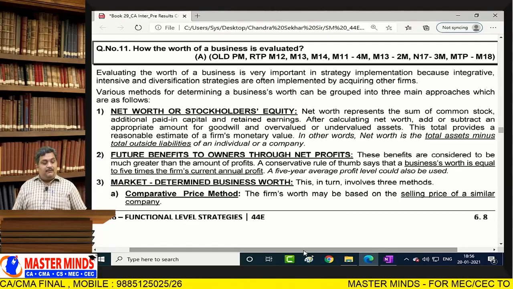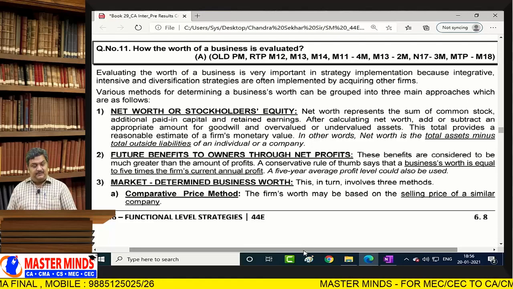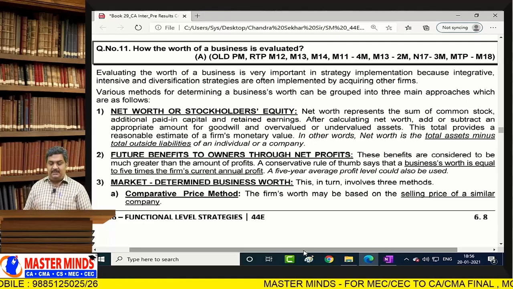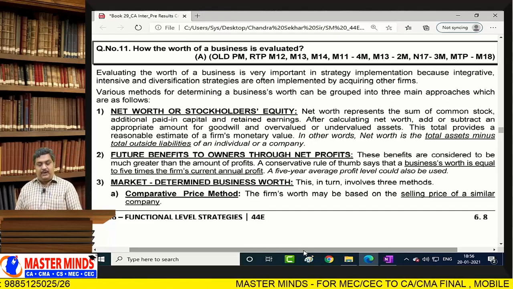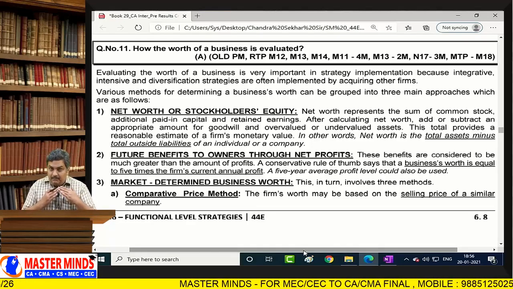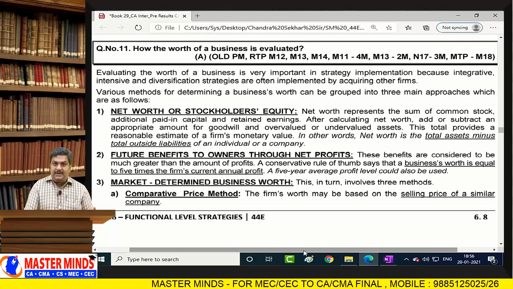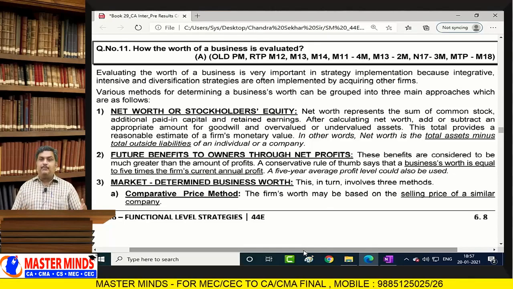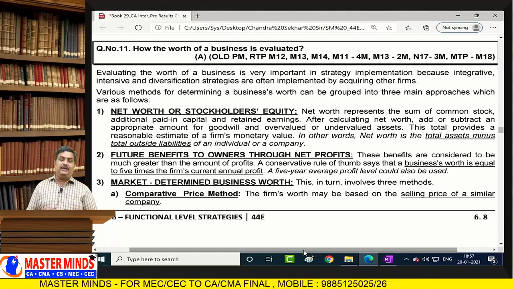So we have different methods. The first one is the net worth or stockholders' equity. In this method we subtract the total liabilities from the total assets. This is the simple calculation to get the net worth of a company.